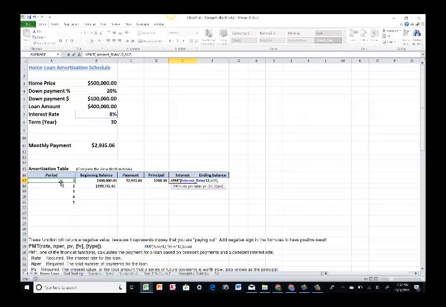Then it's the number of payments I'm making, which is term in years times 12. My next argument is the present value of the loan, which is loan amount.